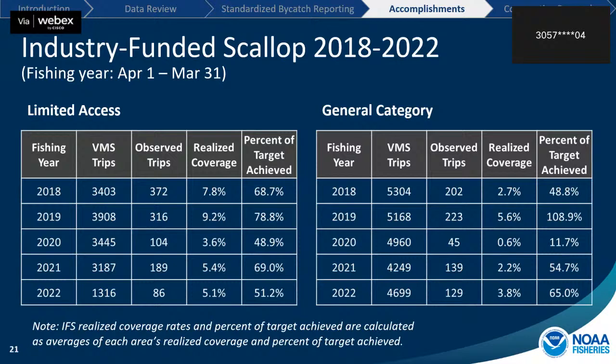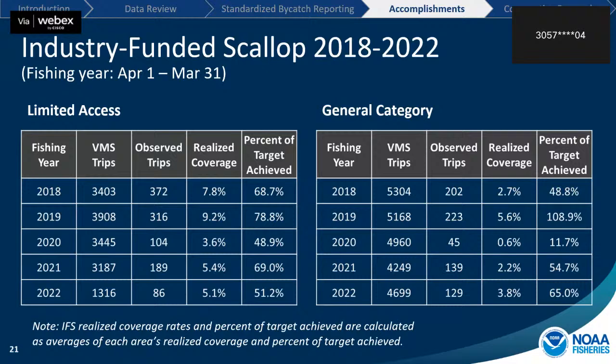Our industry-funded scallop days. This basically just demonstrates the percent target achieved, separated by our limited access and general category fisheries. As we continue to rebuild our cadre and our data processing staff, we continue to improve with our realized coverage rates. So this just demonstrates in the last 5 years where we have been.